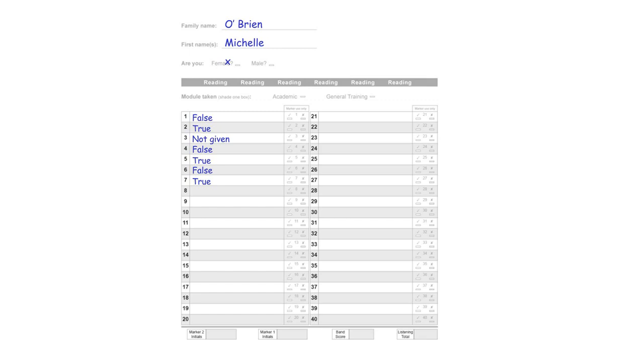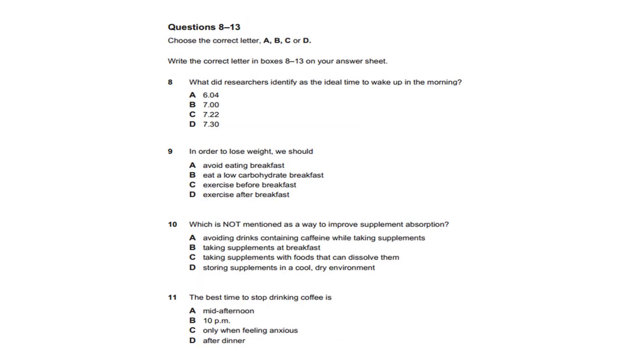Then return to the question paper. Okay, now let's look at questions 8 to 13. For questions 8 to 13, it says to choose the correct letter, A, B, C, or D. Write the correct letter in boxes 8 to 13 on your answer sheet.